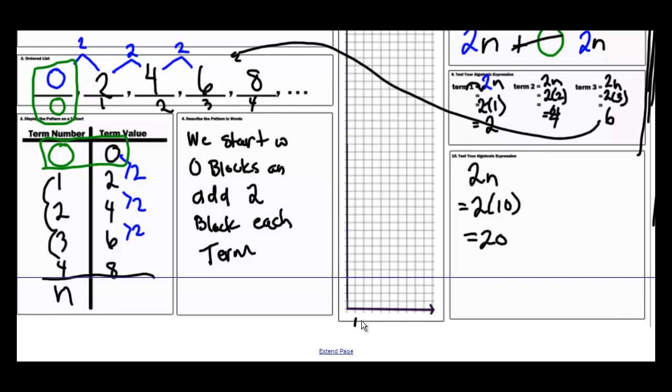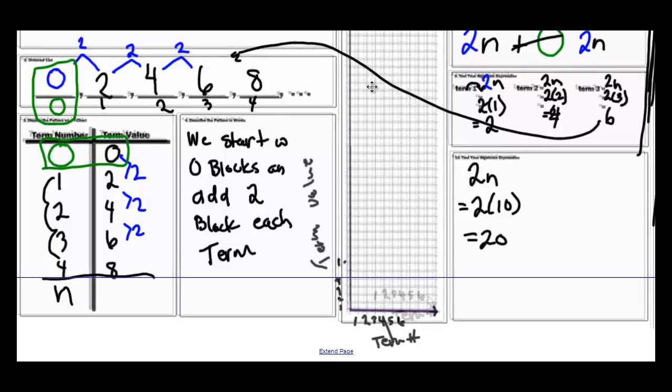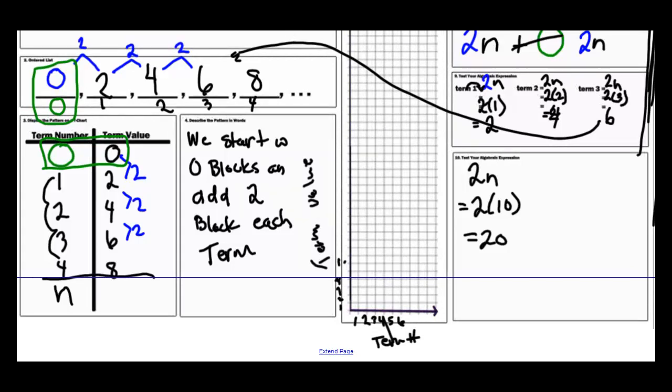So we're going to write our term number along the bottom because that's where it goes. Term number. Okay, so then we need to draw our line so that our first term starts at 0 in this case, and then it goes up by 2 each term. So term 1 is going to be there, and this is basically the line that's going to go here.